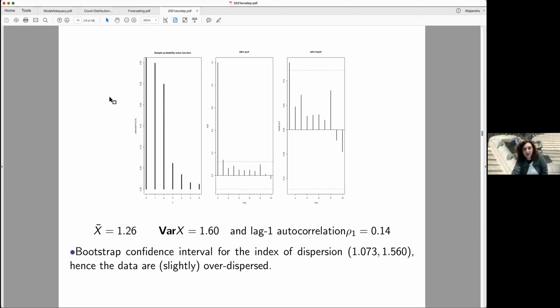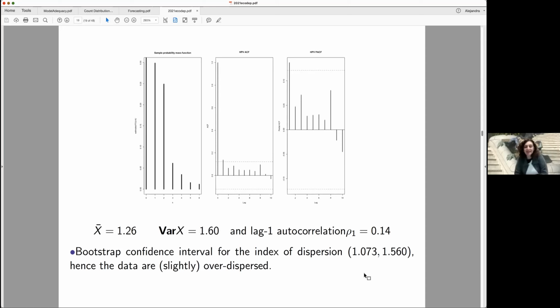One thing that makes us think that it might not be very reasonable to have the Poisson model here is that the mean is slightly smaller than the variance. So there might be some overdispersion. In fact, I have done a bootstrap confidence interval for the index of dispersion of this distribution. And I got that one is not there, by little, but it's not there.